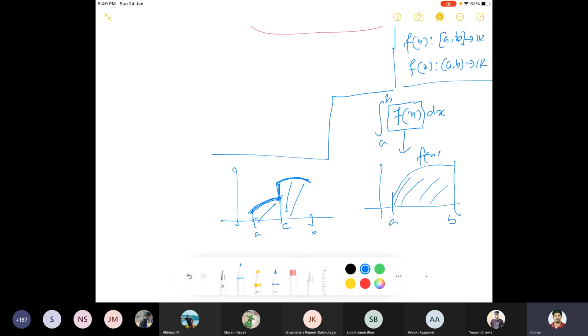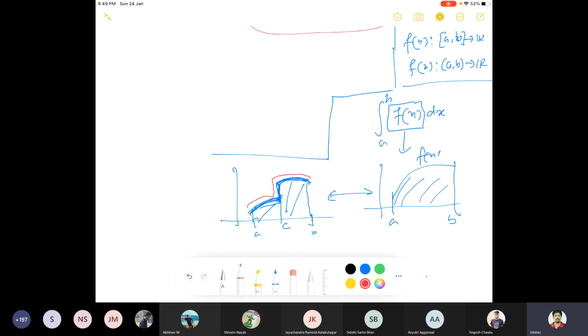So what is the area? Is it the same or not? I mean, treating this discontinuous function as a continuous function, because we are drawing like this, but it is not a continuous function.